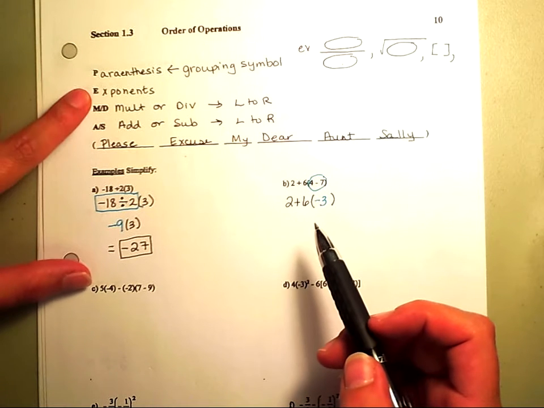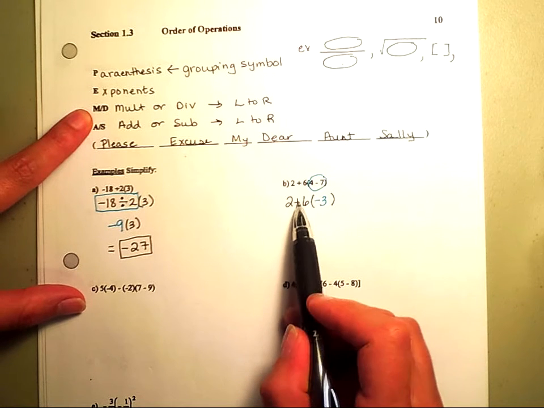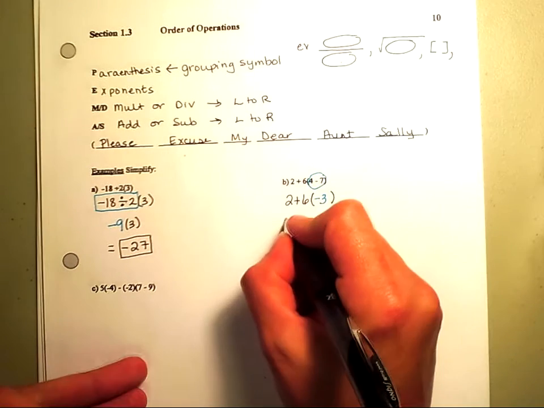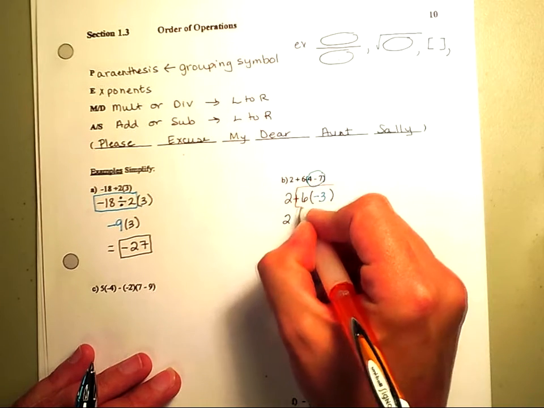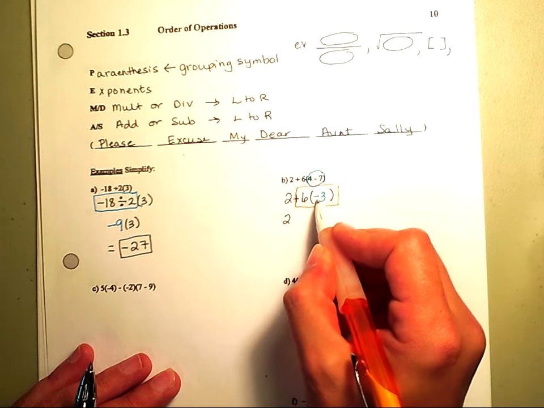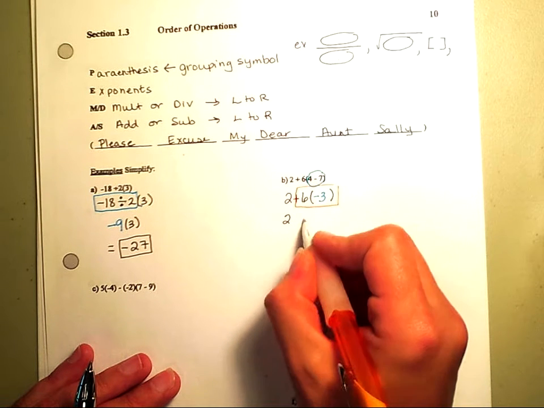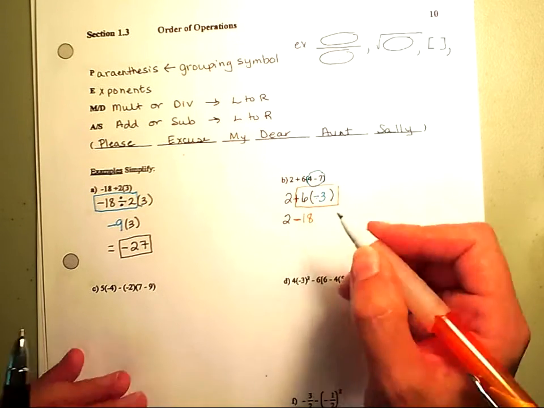There are no exponents. Next we do the multiplication. So we do not do this addition. We want to do the multiplication. So we'll take 2, and now we have to determine positive 6. So plus 6 is positive 6 times a negative 3. Well, 6 times 3 is 18. A positive and a negative become negative.